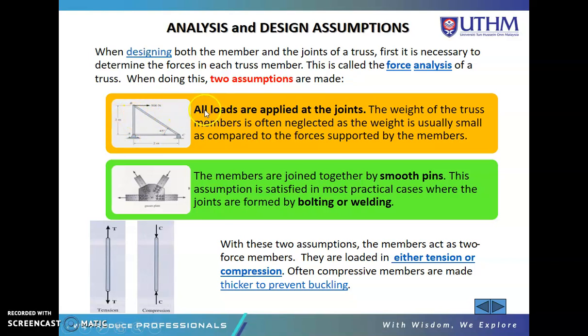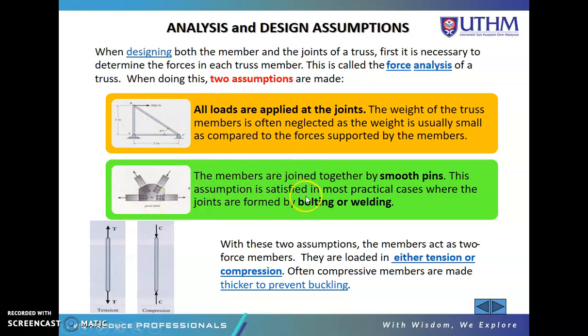So all loads must be applied at the join. Sama ada dekat join yang ini ataupun dekat support pun boleh. Tapi yang mana dia hanya akan ada di join. Tidak akan jadi load dikenakan at the middle of member. So the load is only applied at the join.